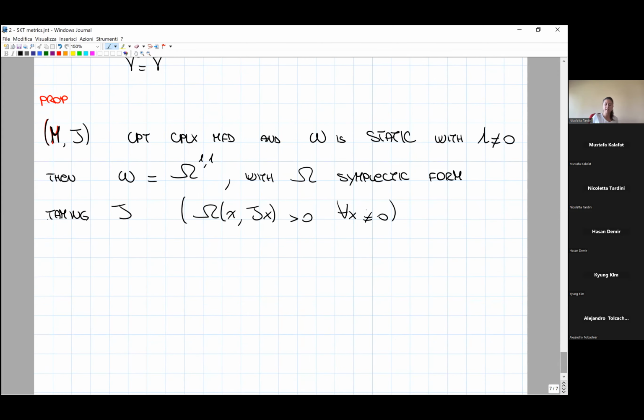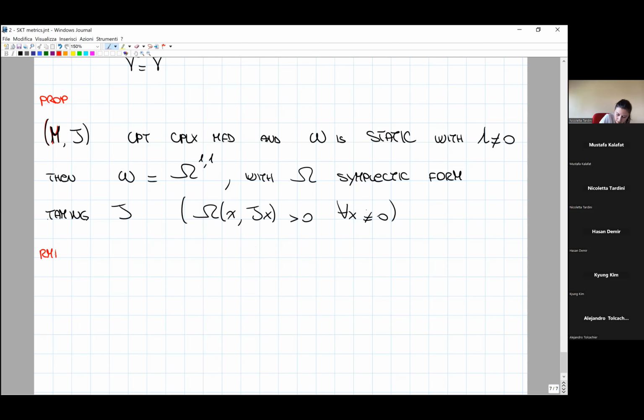So if you have a static metric or an SKT metric that satisfies that Bismut-Einstein condition, then actually this metric is the 1,1 part of a symplectic form taming the complex structure because of the positivity of the metric, in fact.